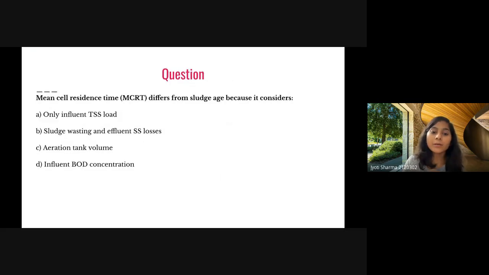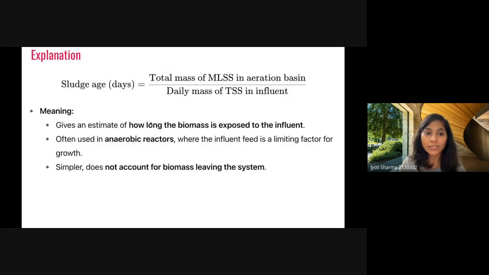Okay, so here also we do have MCRT, that is mean cell residence time, and this is different from sludge age because it considers what? Only influent TSS load, sludge wasting and effluent SS losses, aeration tank volume, and influent BOD concentration. So how is this MCRT different from sludge age? We already have gone through this sludge age, right?